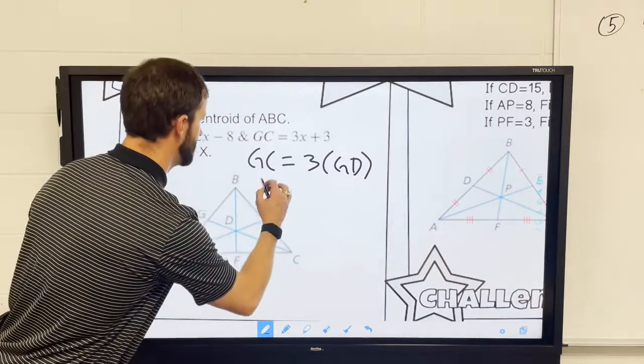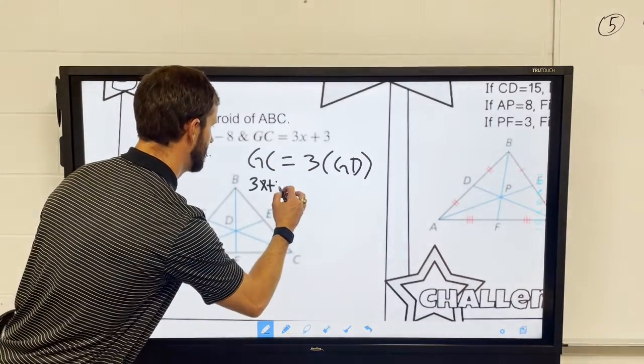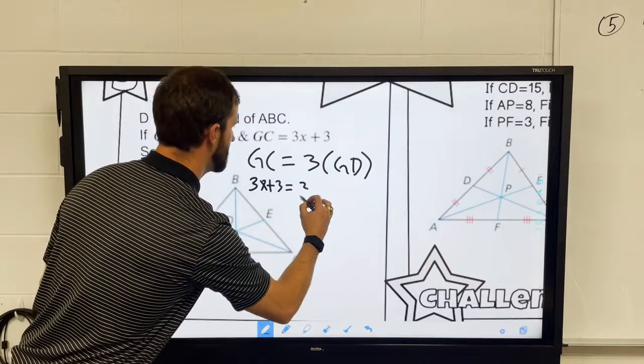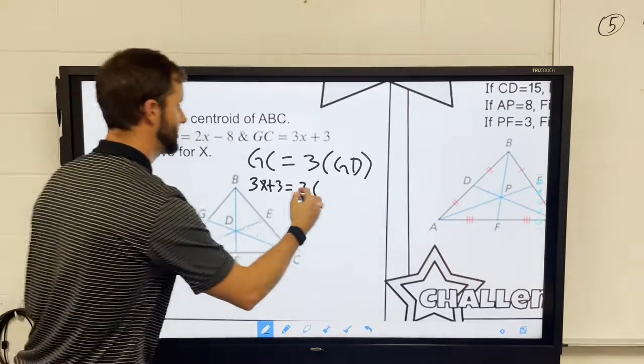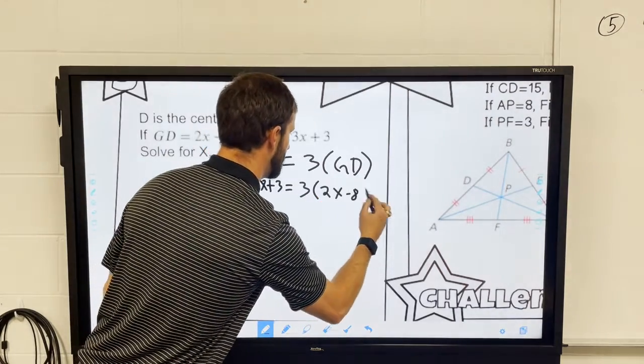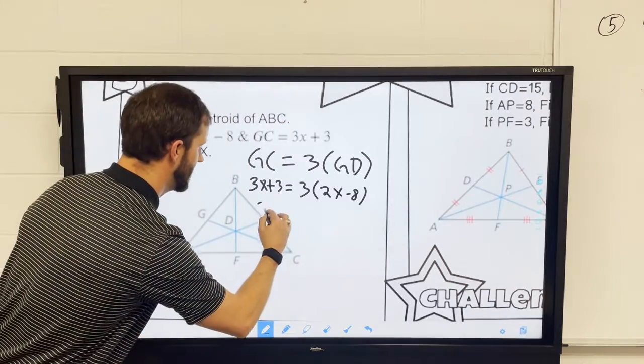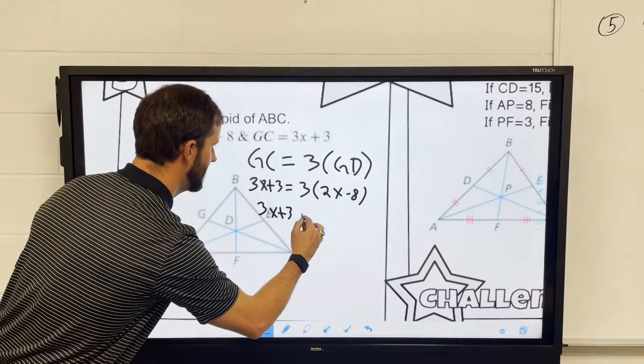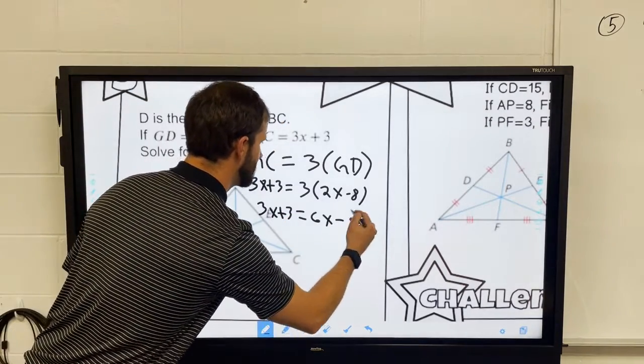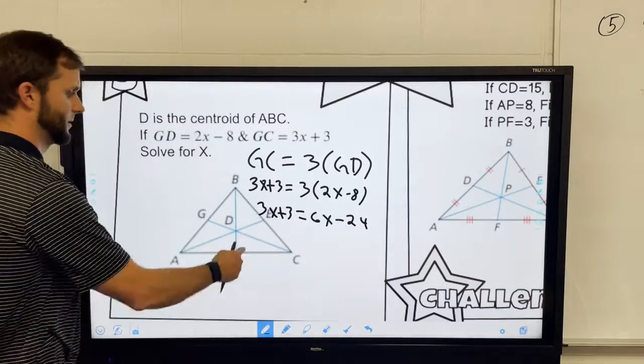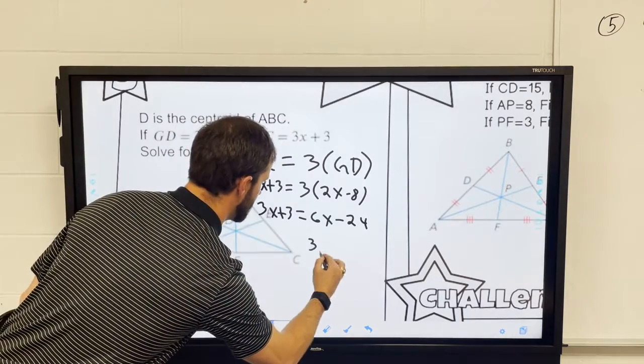So I have 3x plus 3, and I'm going to set that equal to 3 times what GD is, which is 2x minus 8. I'm going to distribute the 3, so I get 3x plus 3 equals 6x minus 24. I'm going to subtract 3 on both sides, which gives me 3x.